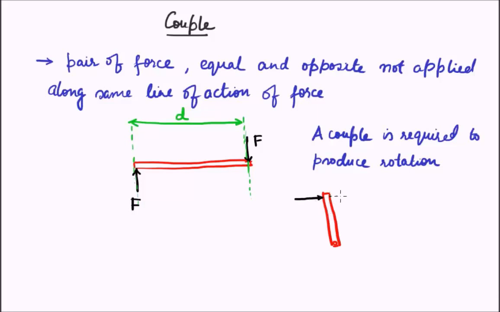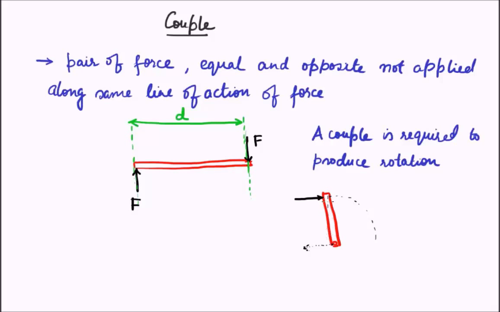When this force was applied, the body started rotating, and apparently there is just one force here, but as a matter of fact, the hinge present here, the pivot here, which is supporting, is taking the whole load of the external force, and as a result of that, it is producing a force equal in magnitude and opposite in direction, and ultimately this and this pair of forces form the couple in our example previously shown.